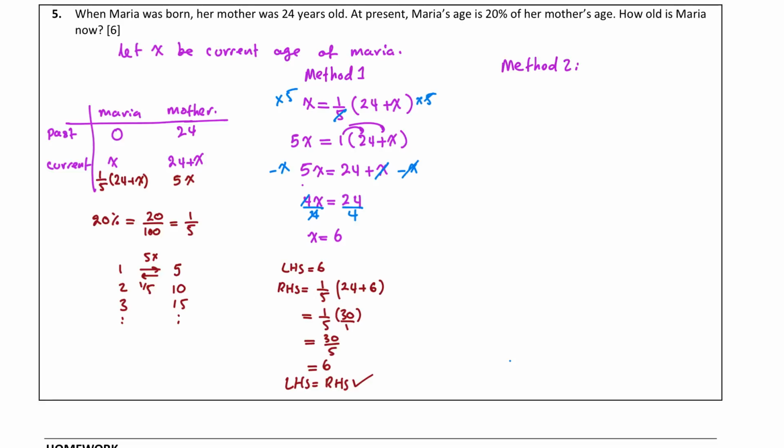So for method 2, I have to set up 24 plus x is equal to 5x. And if you look at this right away, this and this are exactly the same.